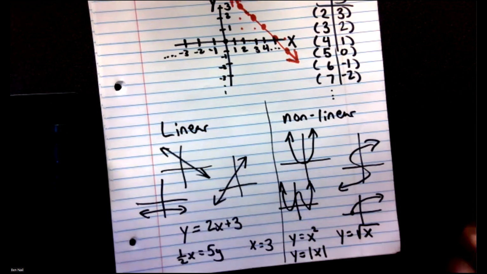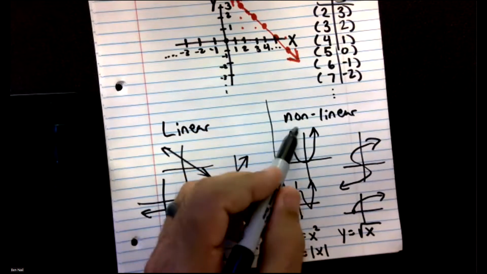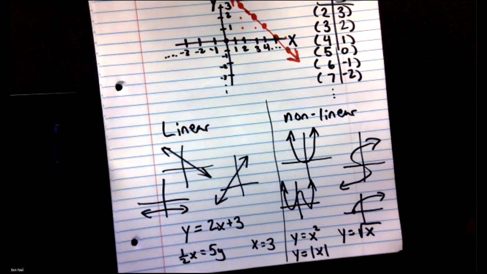Or absolute values. Anything you do like this to a function, square root, absolute value, x squared, x cubed, y to the fourth, all result in non-linear functions.